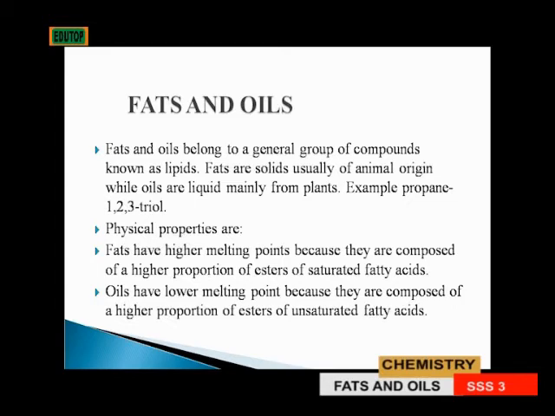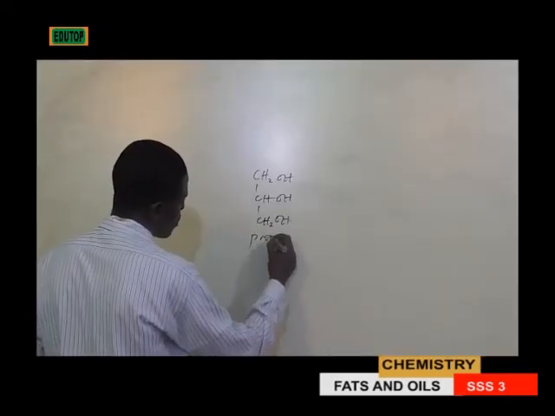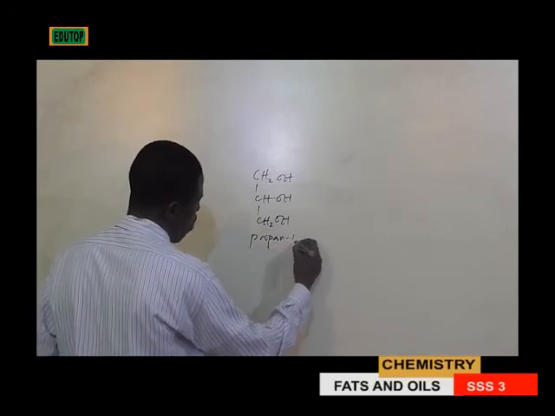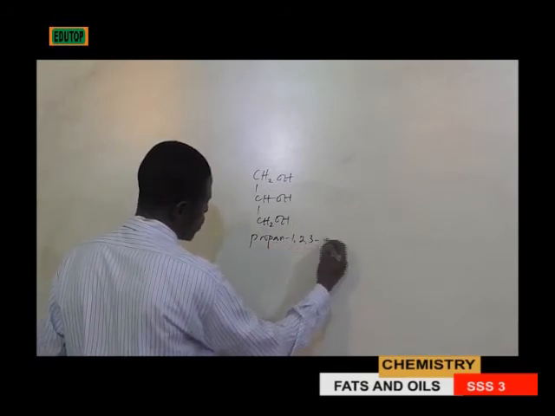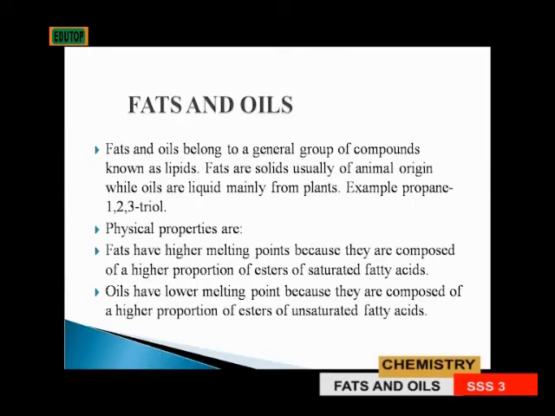Fats are solid, usually of animal origin, while oils are liquid, mainly from plants. An example of fat is propane-1,2,3-triol. So this is a typical example of fats and oil.